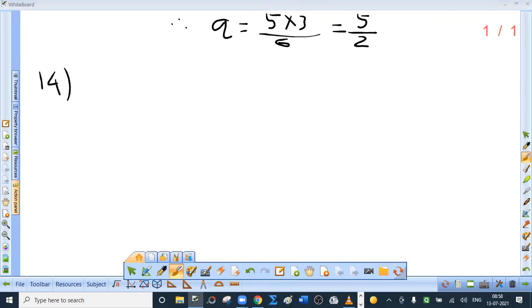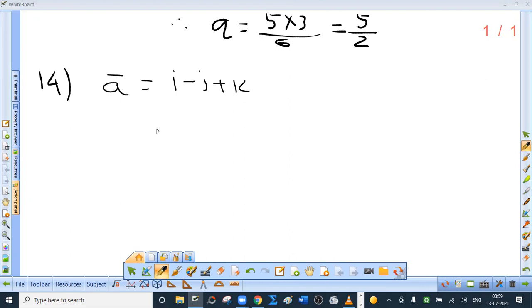The position vectors of the points A, B, C, D are: write down, small a bar equal to i minus j plus k. See, you may say, so this is not 14th, this is 13th. Okay, then we are doing 13th sum. a bar equal to i minus j plus k.